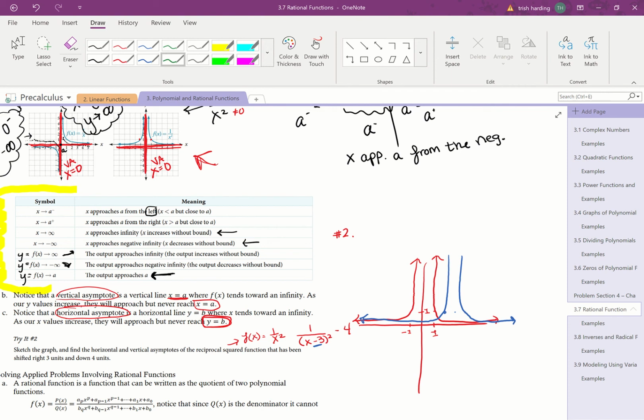Now we're going to move it down 4 units. So that's going to go from 1 to 0 to negative 1. So that's 1, 2, negative 1, negative 2, negative 3.